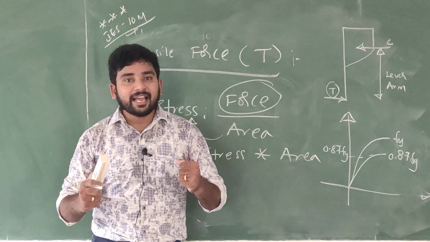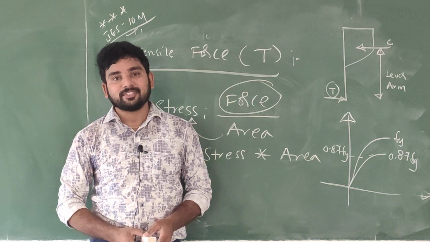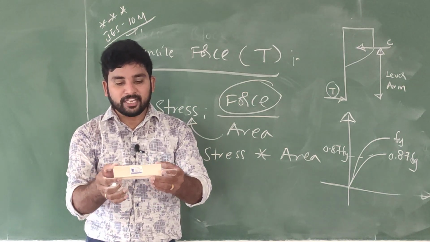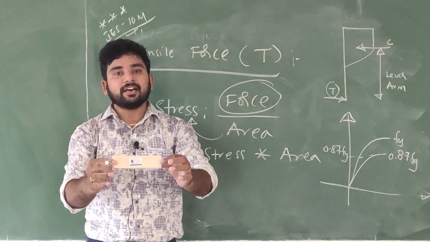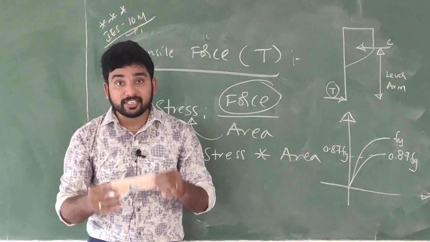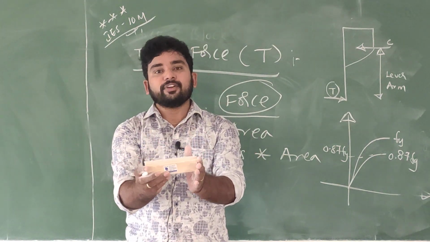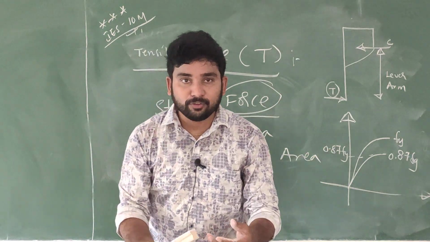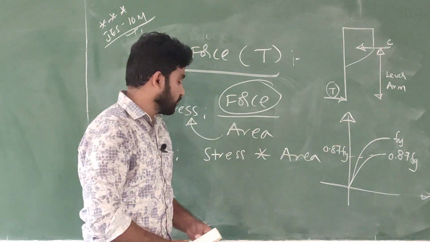Because steel is 10 times more capable than concrete. Also, for steel, if you test a small specimen or a large specimen, the results won't change. But for concrete, a small specimen gives more strength, and a large specimen gives less strength. So that's why for steel I am considering more strength.